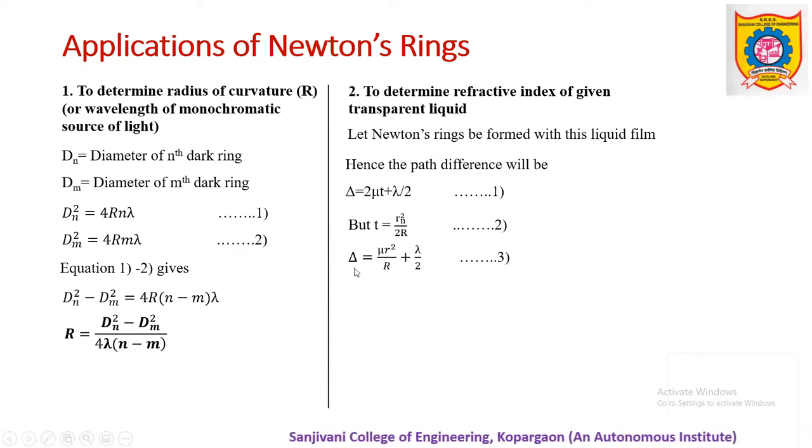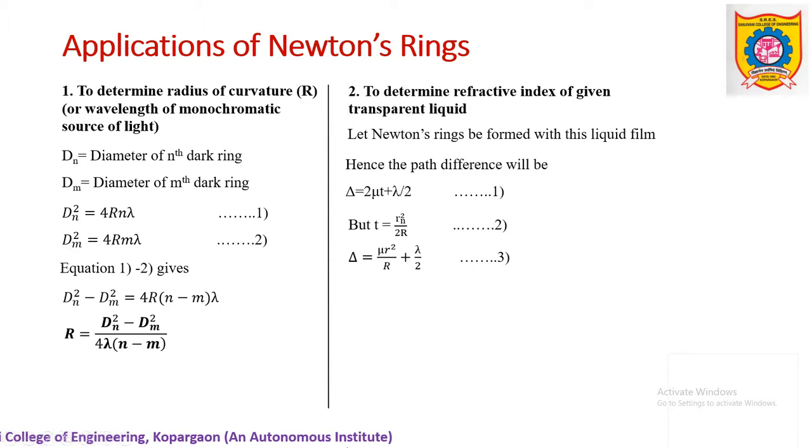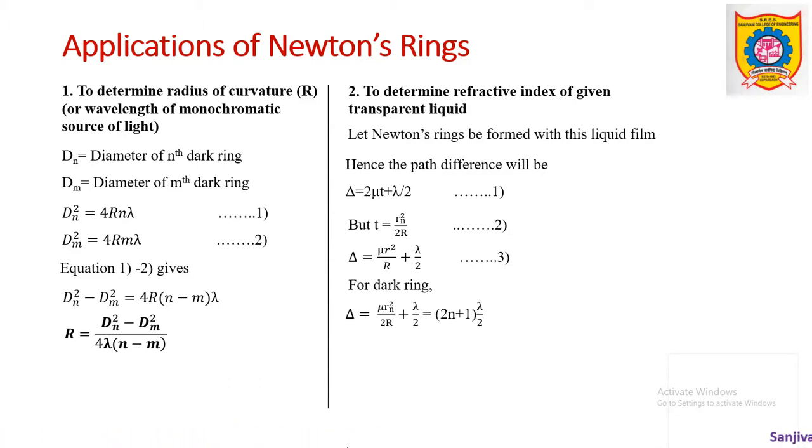Now with the help of this delta, we can obtain the diameter of a dark or bright ring. Once again consider it for dark. The expression becomes: delta is equal to this known path difference, and this is the desired path difference for destructive interference, (2n plus 1) lambda by 2.